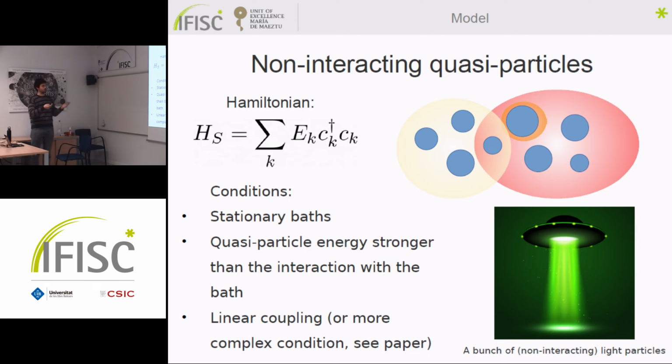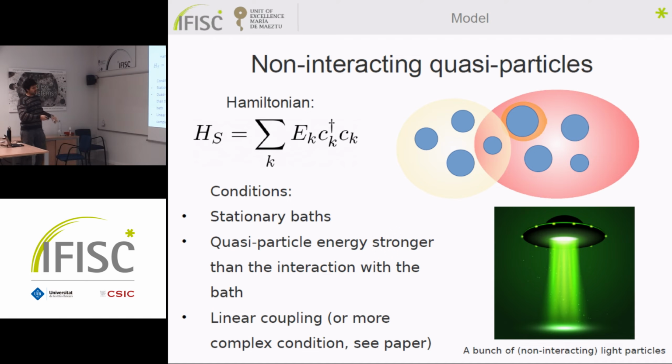It's just a general thing, and they are stationary, that is, in the classical sense, they do not depend on time. I want the interaction between these fields and the particles to be weak. So this is the condition, and this is the standard condition for having a Markovian master equation.